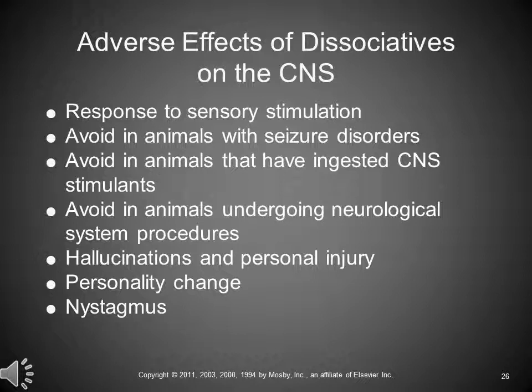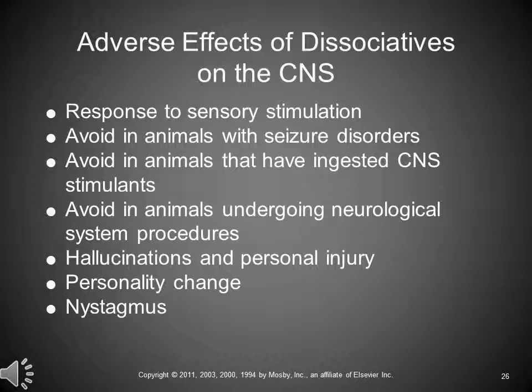It does cause hallucinations and personal injury. People on PCP or people even on ketamine report some rather unusual hallucinatory experiences. So, you know, somebody on ketamine just decides, hey, I think I'll cut off my hand, see what it feels like. Oh, that's cool. And prolonged exposure or large exposures to cyclohexamines can cause personality change.